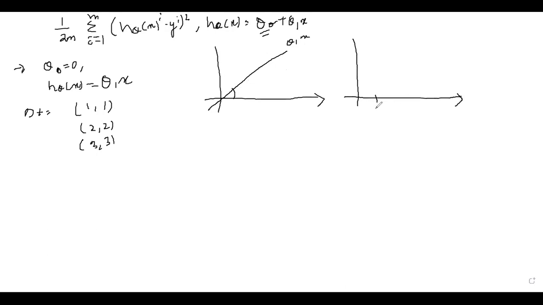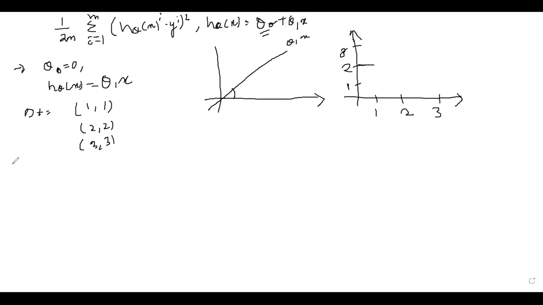So here I have 1, 2, and here I have 3. Here also I have 1, 2, and here I have 3. Now tell me, when my h theta of x is theta 1 x, that means when my theta 0 is equal to 0.